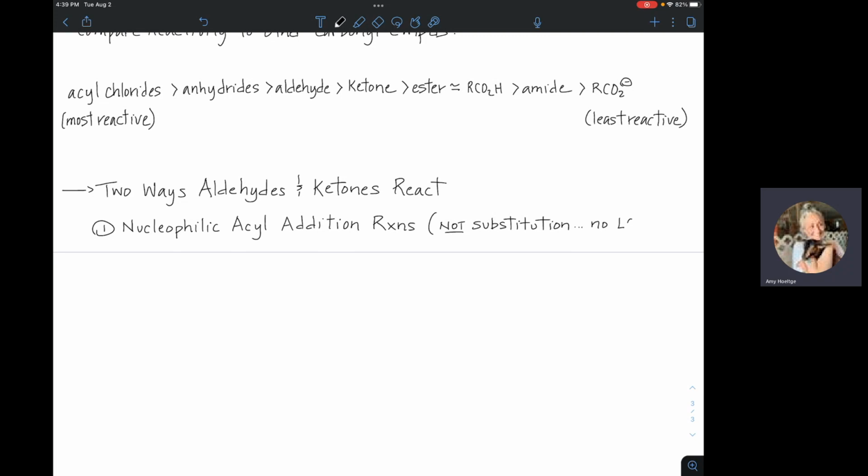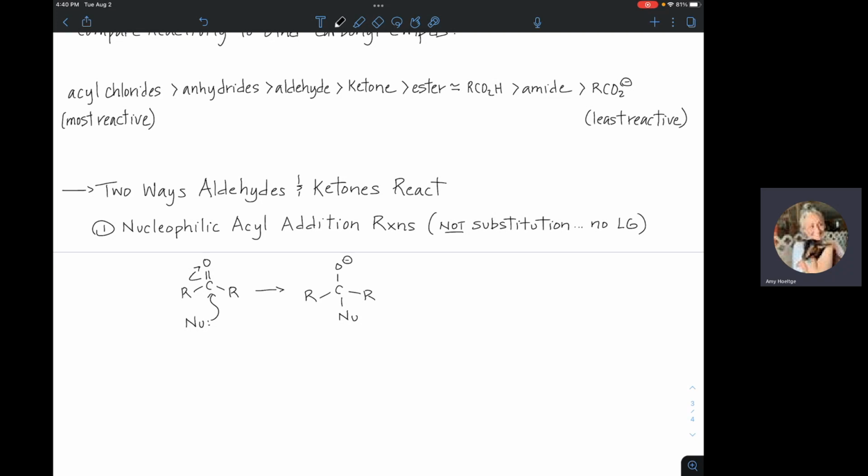There is no leaving group. So in general, what that means is we could have our ketone or our aldehyde attacked by a nucleophile. And we find that the nucleophile has added, right?